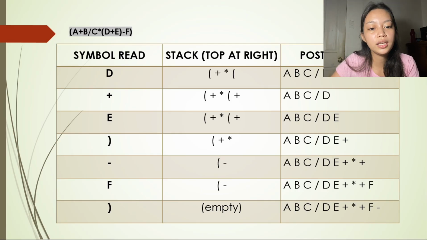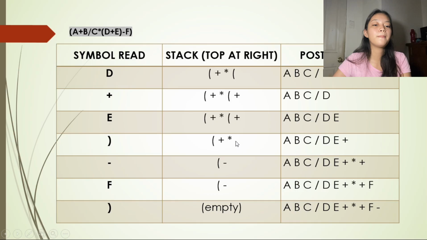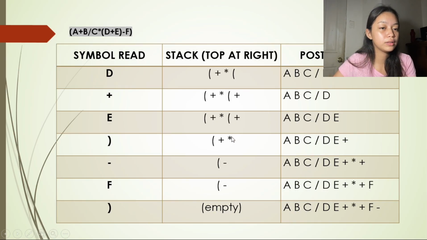Di man ta pwede nga atong ibutangan og minus dire nya. Lowest priority ra ba ang subtraction nya? Ang multiplication ka highest priority. Dapat ang lowest priority mo ay naa dire. So ato ning i-pop ang multiplication.